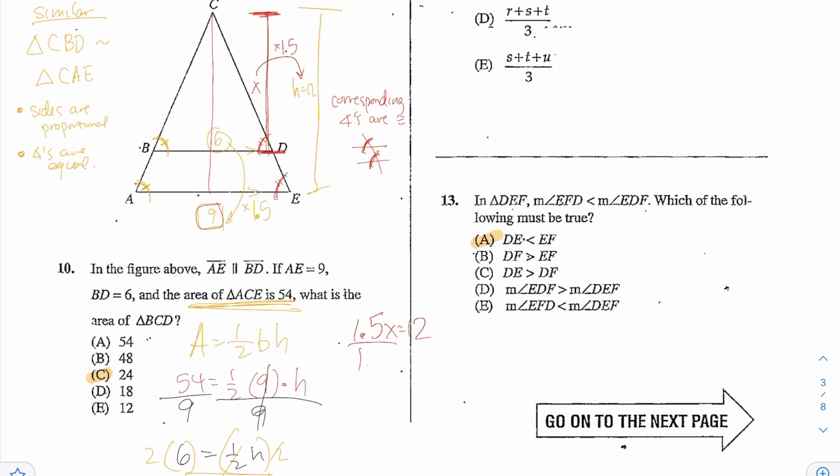So 1.5x has to be equal to 12 because, again, of similar triangles here. So if you divide by 1.5 on both sides, you have x is equal to 12 over 1.5. You can move the decimal over. And 120 divided by 15 is equal to 8. So x would have to be equal to 8. 8 times 1.5 is equal to 12.